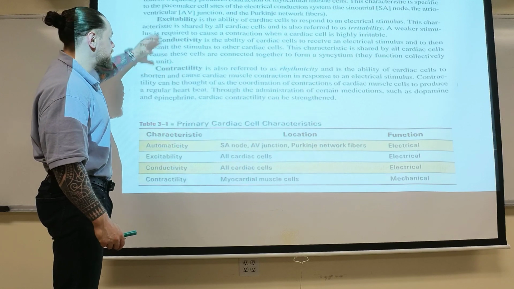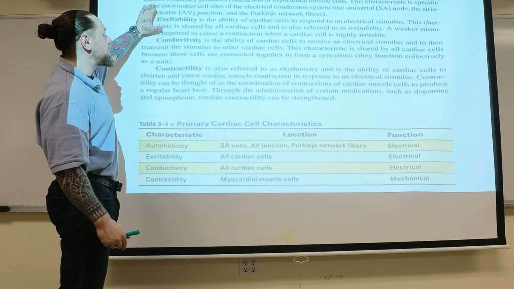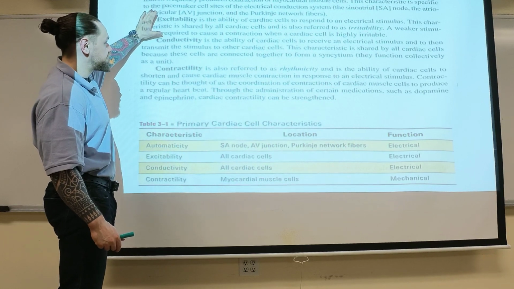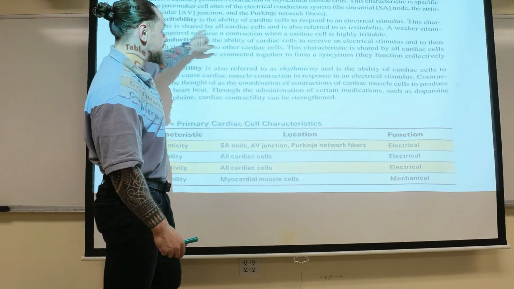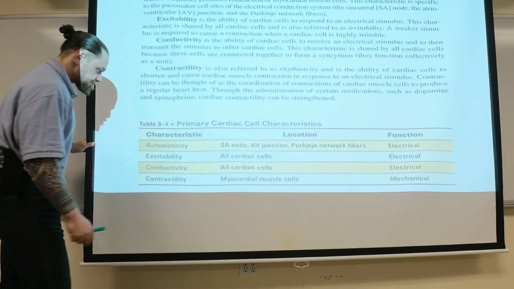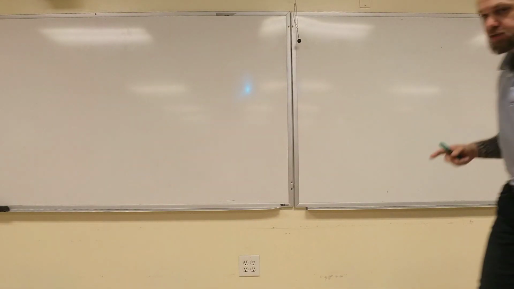These three properties all myocytes share. But this one is inherent to particular fibers, which are the SA node, the AV node, and the Purkinje fibers. Now I'm going to diagram this out, and then we'll talk about how this all applies.